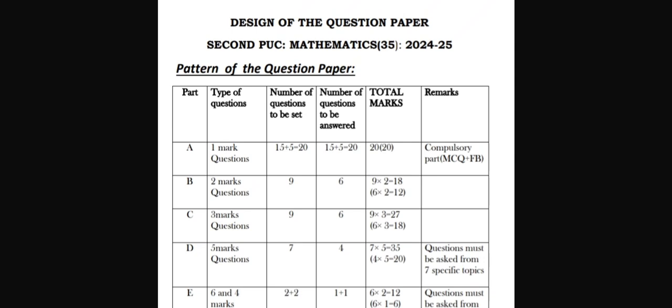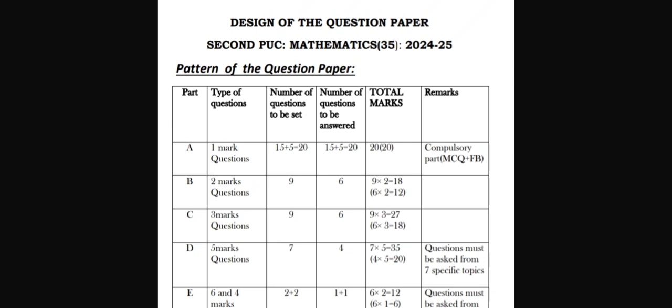Out of 9 questions we only have to answer 6 questions. There are 3 extra questions given. Here there is a choice. 6 questions will be selected and solved. Each carries 2 marks. From this part we get 12 marks.